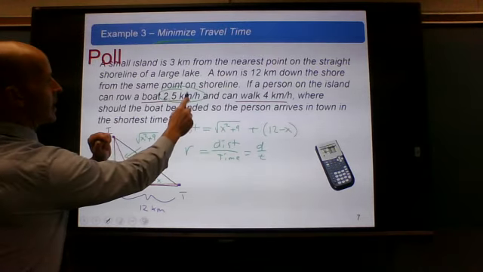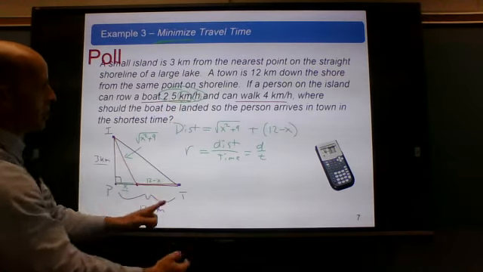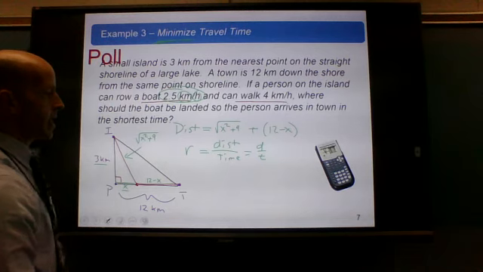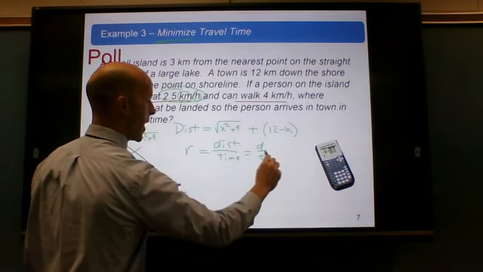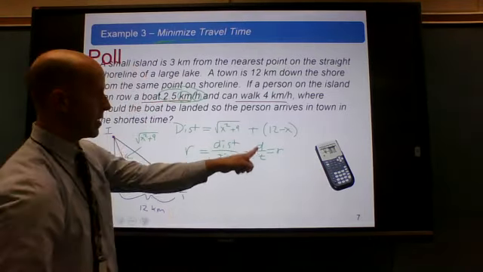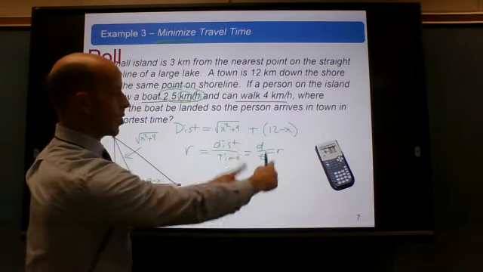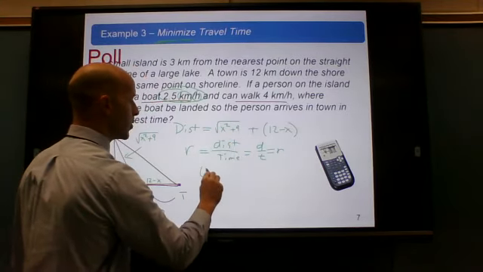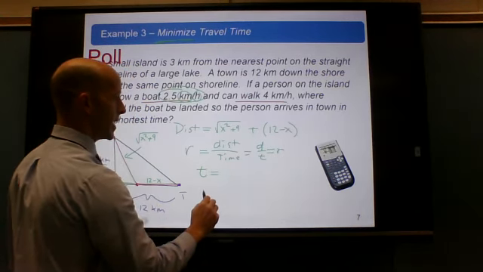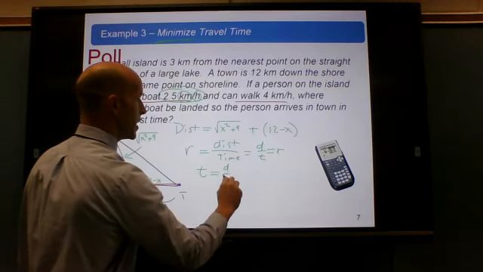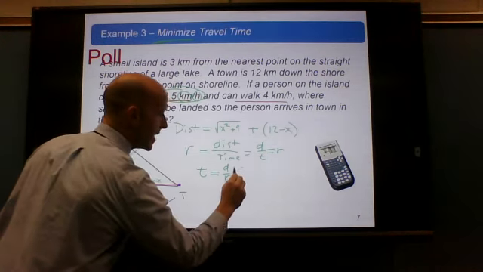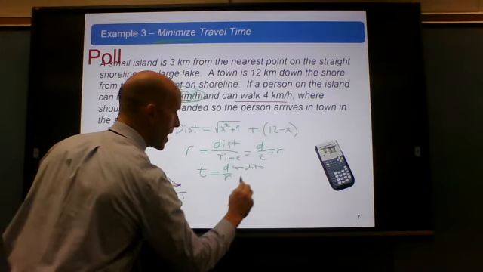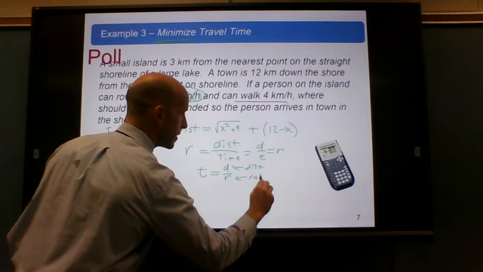This rate is kilometers divided by hours, distance divided by time. So what I can do is take this equation, d divided by t is equal to r, and I can cross multiply, and we will see that t is equal to d divided by r, where d is the distance and r is the rate.